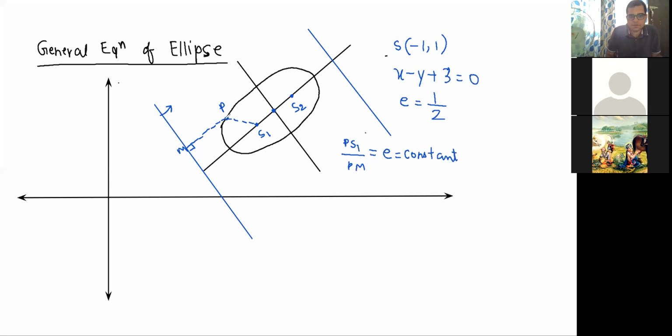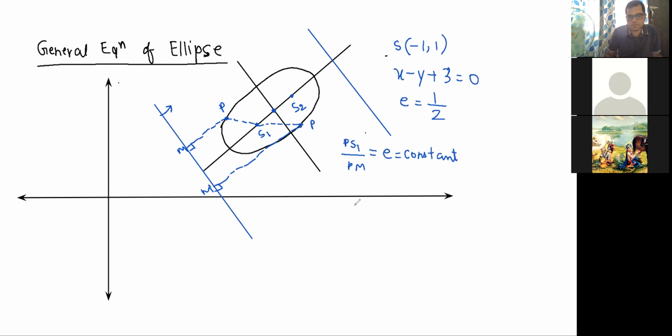It means that if you move this point P anywhere and come here, and now you measure this ratio, you move this point P here and again measure the distances. So this is PS1 and M will come here now, let's say M dash.